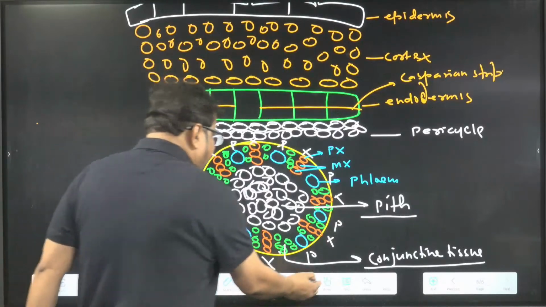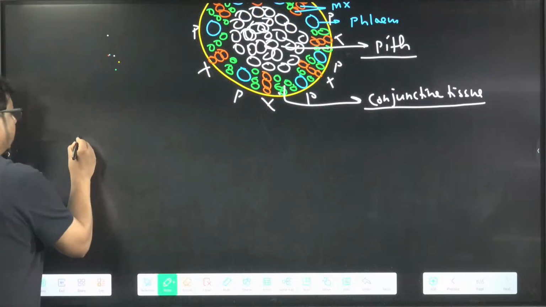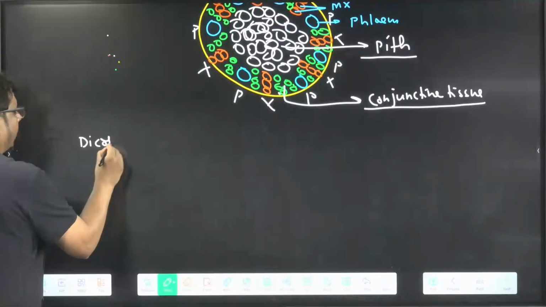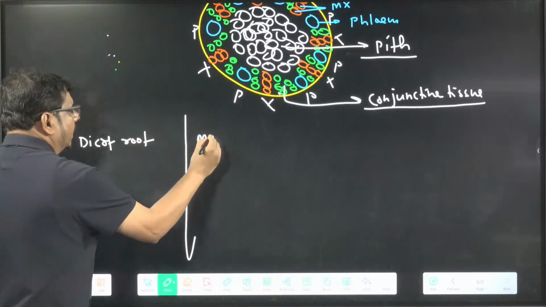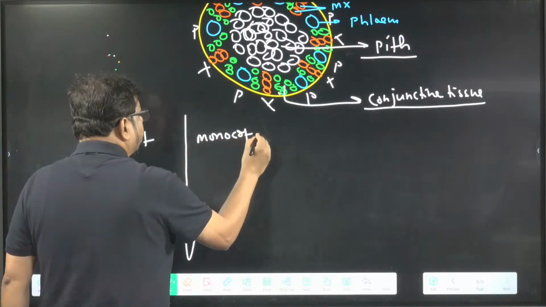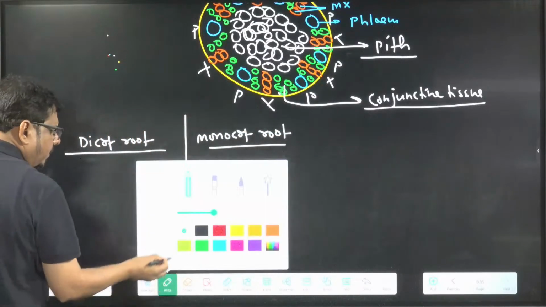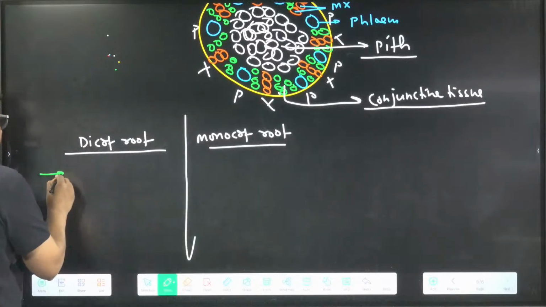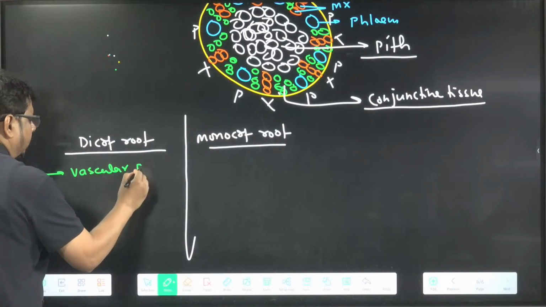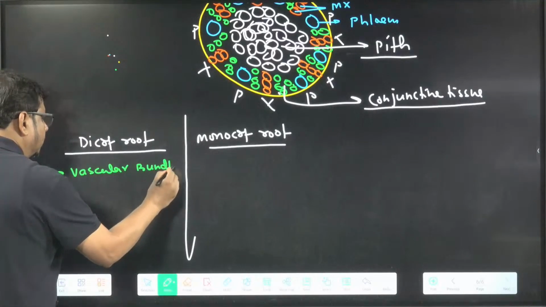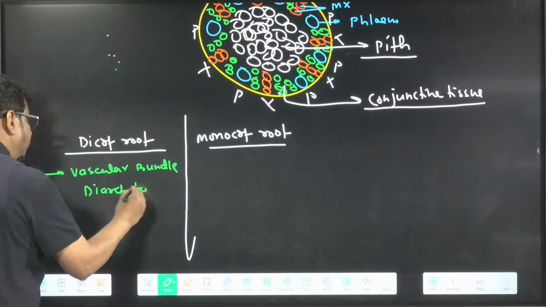So let me write the difference between dicot root and monocot root. First we have to write vascular bundle: it is diarch to tetrarch.